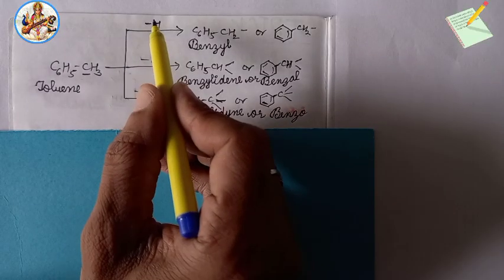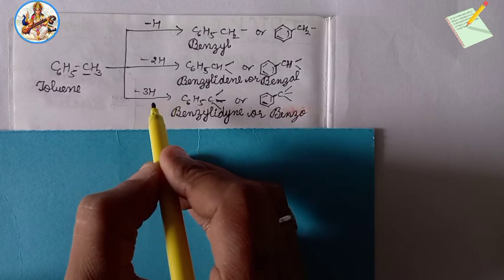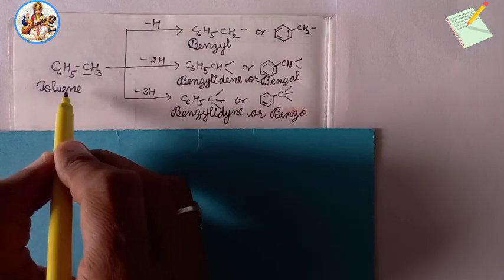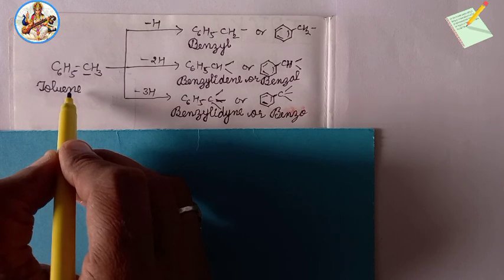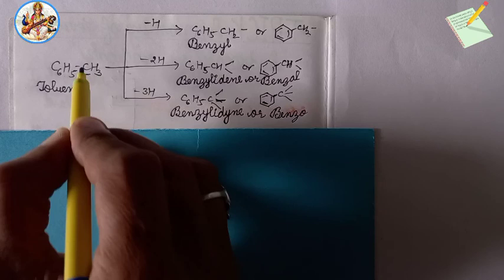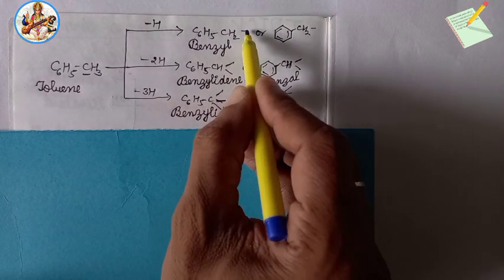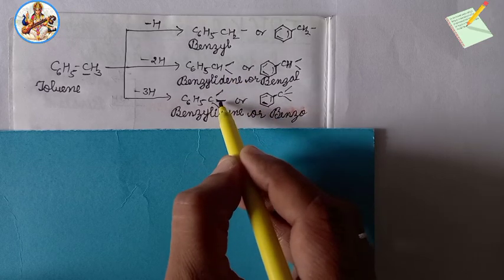Similarly, when 1, 2 and 3 hydrogen atoms are replaced from the toluene molecule, in the toluene molecule these hydrogen atoms are replaced from the methyl group, then monovalent, bivalent and trivalent radicals are obtained.